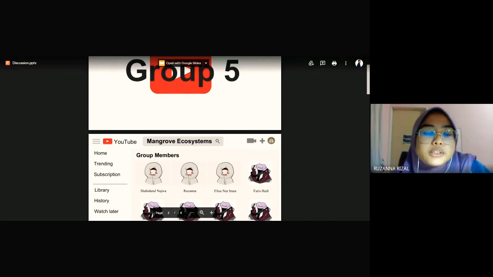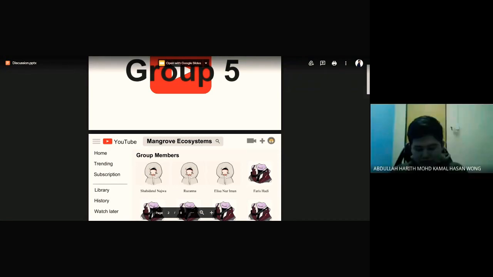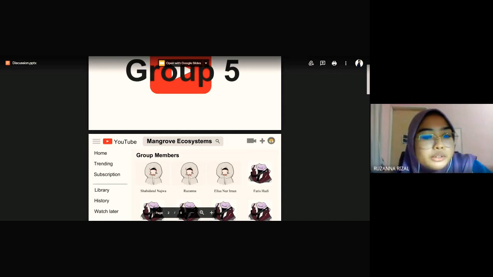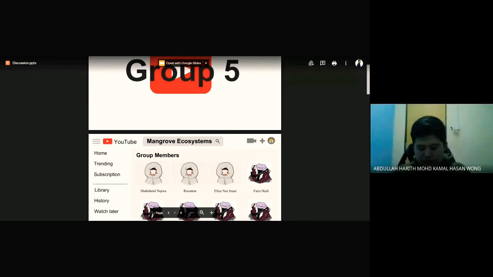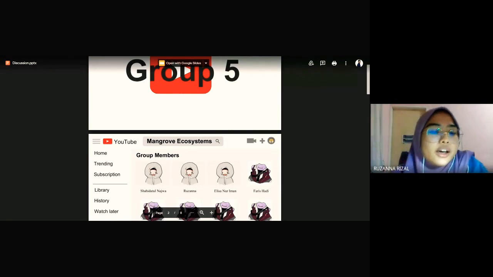For example, services that lessen the impact of man-made activity. Mangroves take up sediments, minerals, contaminants, and nutrients carried by river inflow. This acts as a biofilter and will filter out pollutants in the mangrove system.